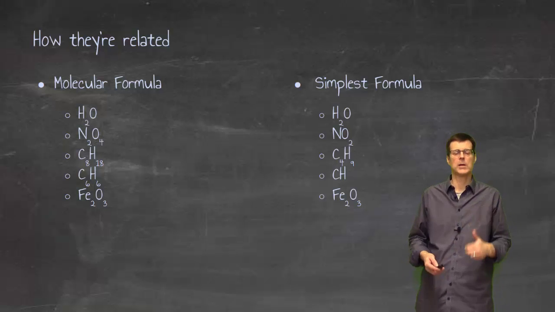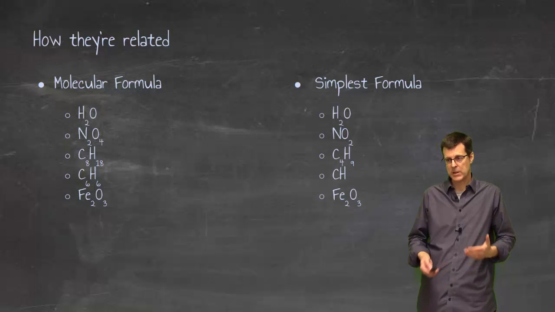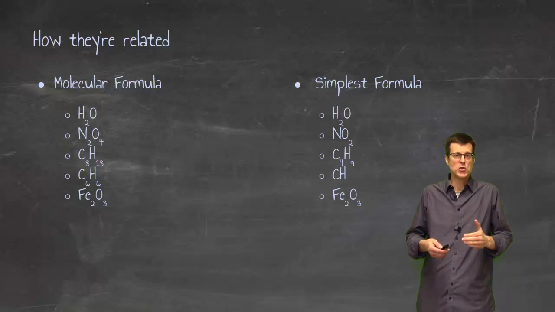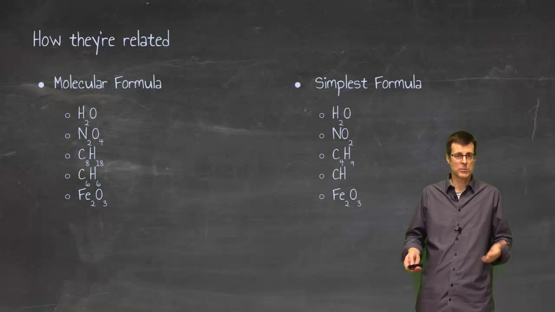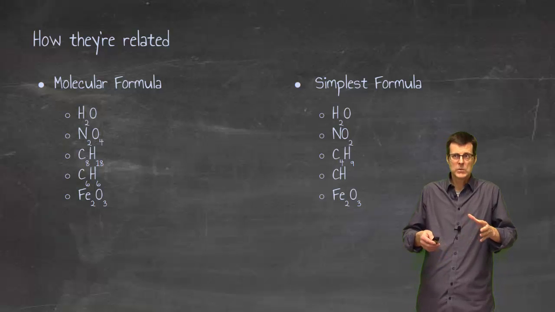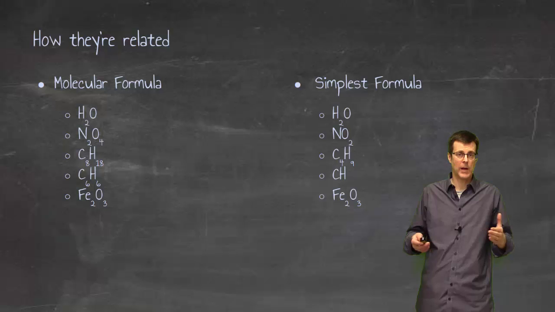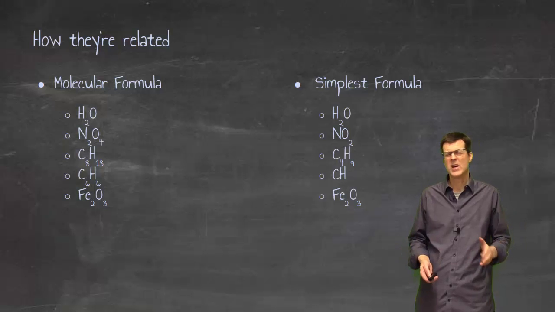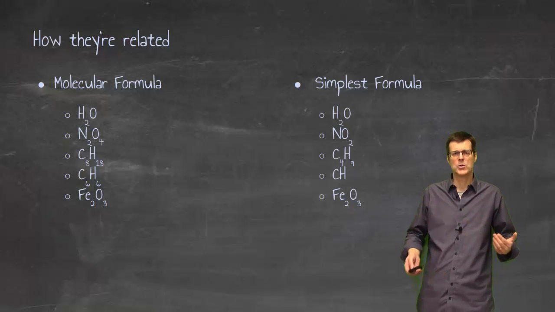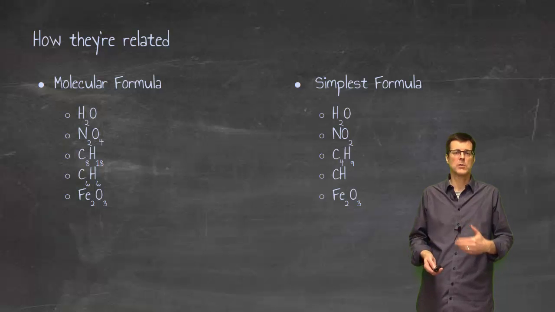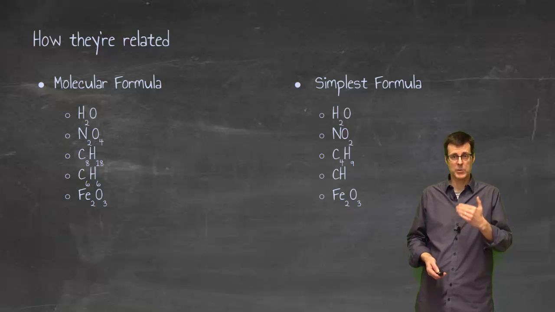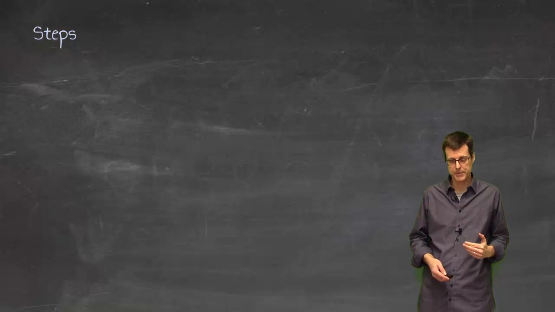In other cases, the simplest formula is just a mathematical lowest ratio, and that formula could not exist as an actual real compound. It's not going to matter to us a whole lot which one is which, but it's worthwhile to know that it is a mathematical relationship and not necessarily an actual one.